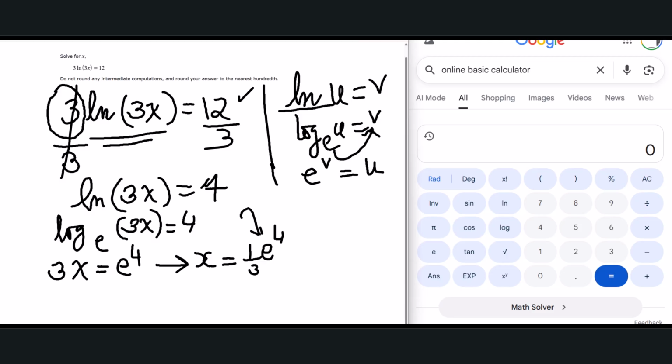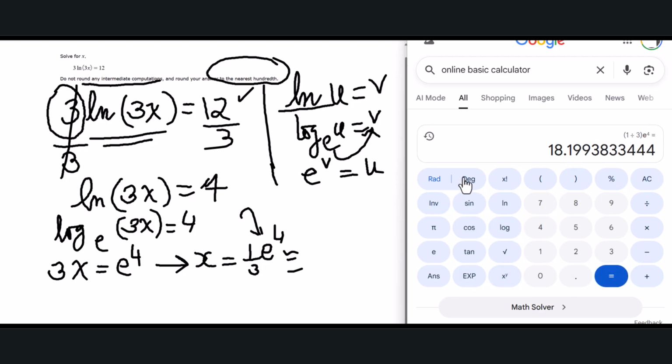And they are asking not to round any intermediate calculations. All right, so we are not rounding them. But if we want the answer to the nearest hundredth, then we'll just go to the calculator and do 1 divided by 3, and then times e to the power 4.